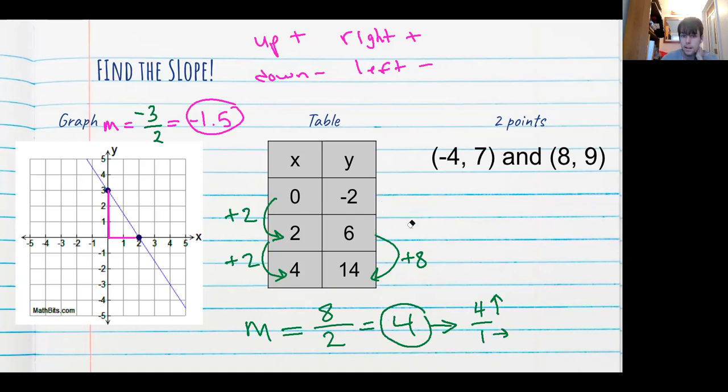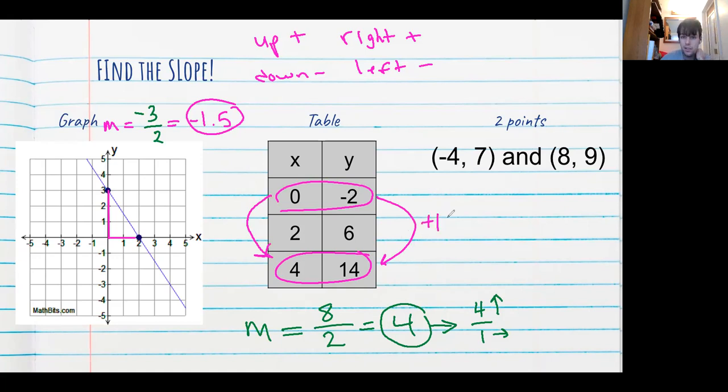Now, something that we can also do is between any 2 points, our slope needs to be consistent on a line. So instead of going here and here, I'm actually going to make a skip and just show, what about between this point up here and this point here? Does it have the same slope? And the answer is yes when we reduce it. So we're going from -2 to 14.